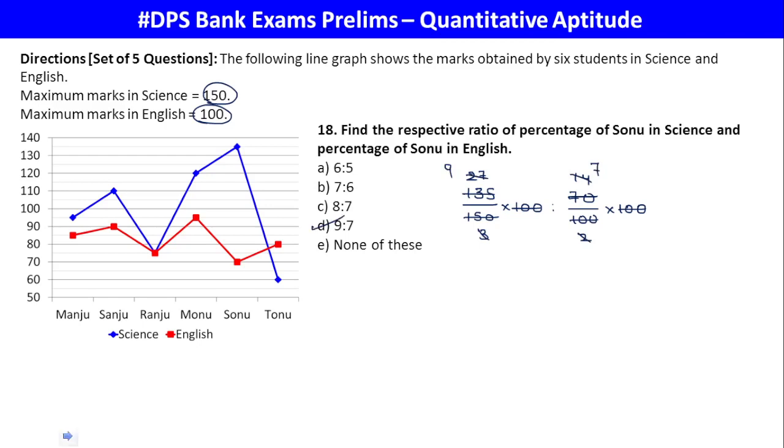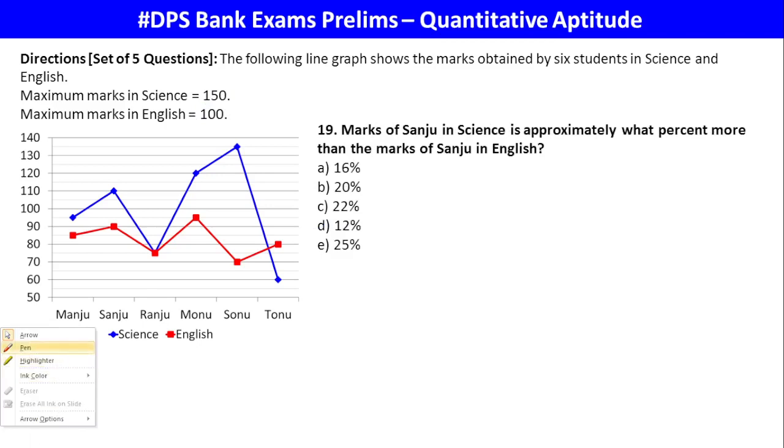And next one. Marks of Sanju in science is approximately what percentage more than marks of Sanju in English? Right. Sanju in science 110.